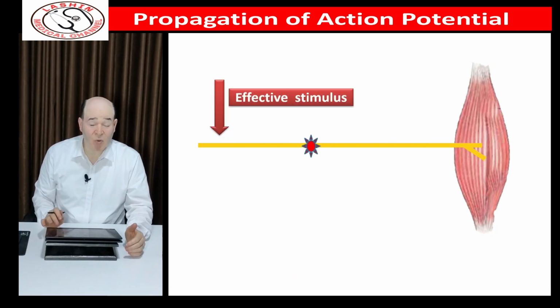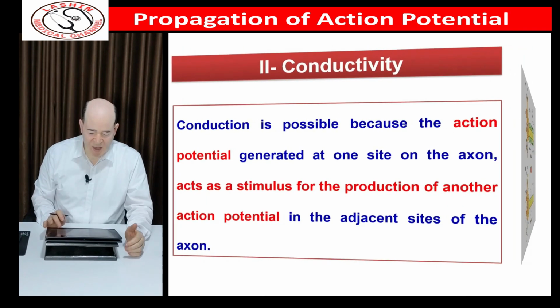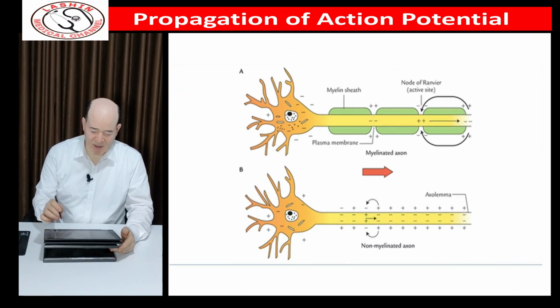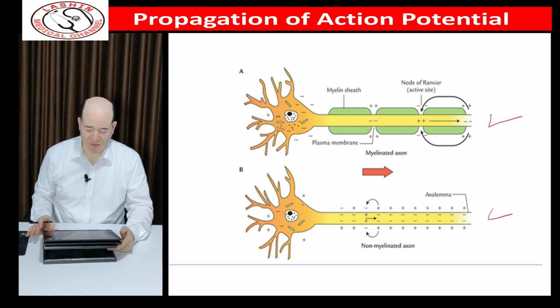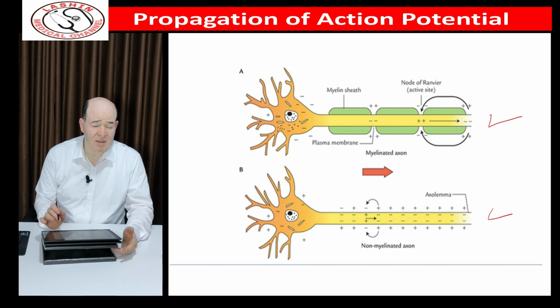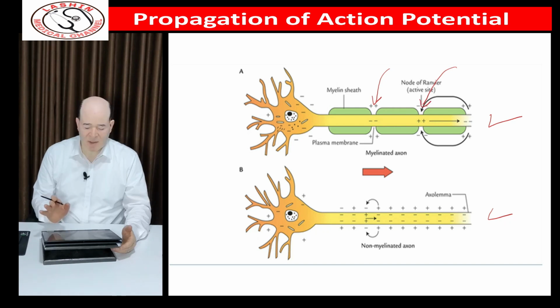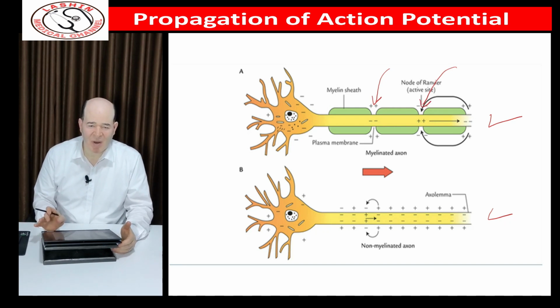The impulse propagates along nerves. We have two main types of propagation: propagation in the myelinated fibers and propagation in the non-myelinated fibers. As we know, myelinated fibers are covered by myelin sheath, which is interrupted by what are called nodes of Ranvier. They are spaces within the myelin sheath.